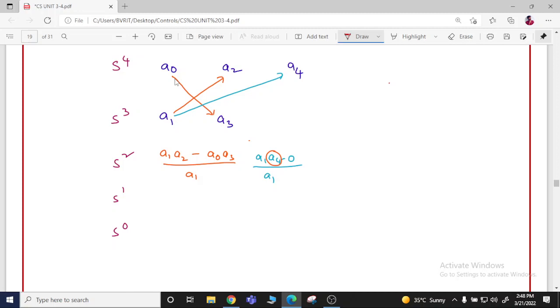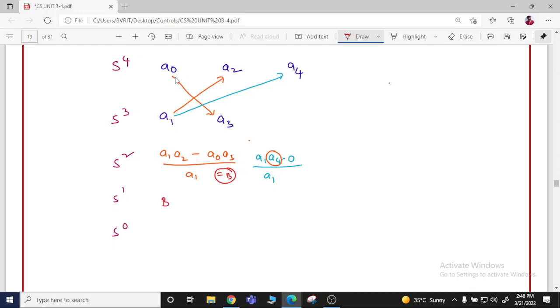Next, for s power of 1, let me call this b. Then b into a3 minus a1 into a4, divided by b.